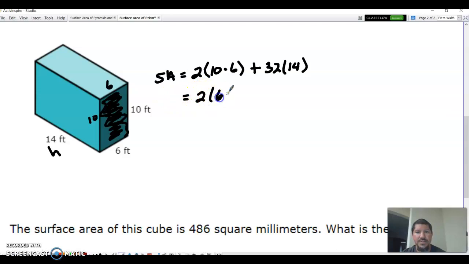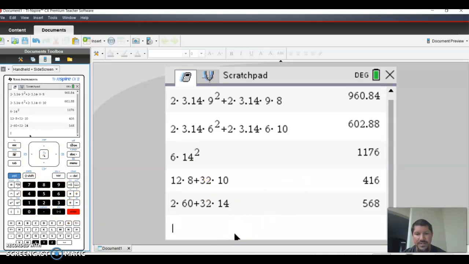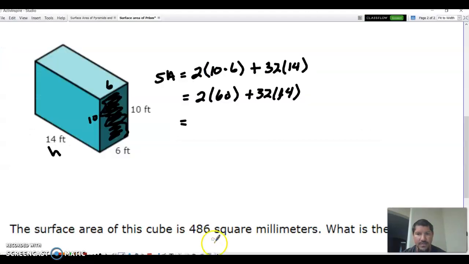So that's 2 times 60 plus 32 times 14, which is 568. 568 feet squared.